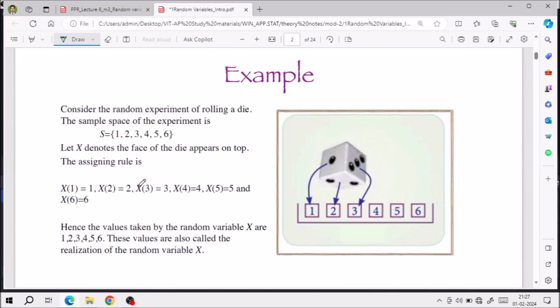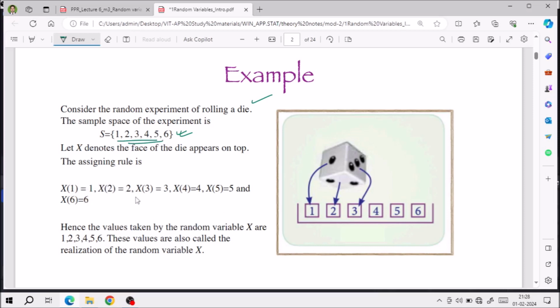Here is another classical example: you are rolling a die. This is the random experiment you have. In that case, the sample space is 1, 2, 3 up to 6. Now, let X denote the face of the die that appears on the top. Then you assign the sample space points by this rule.